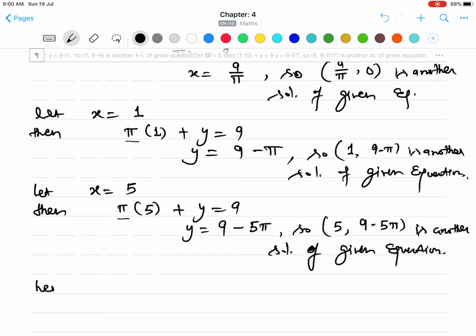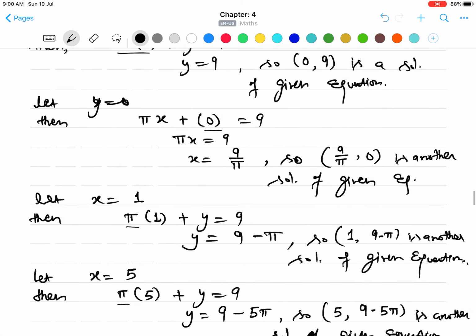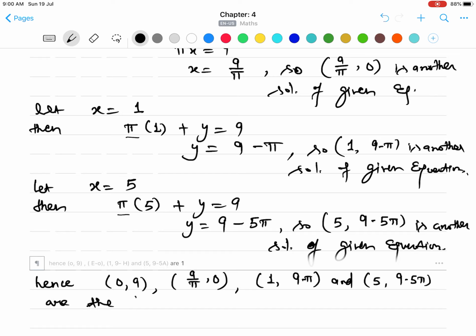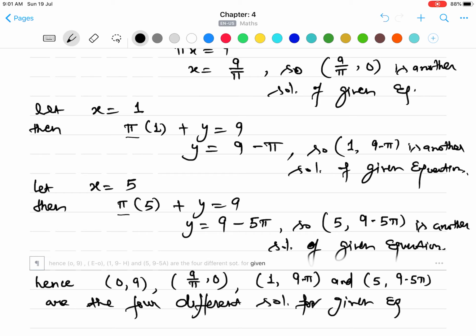So write, hence, the first one is (0, 9), then we have (9/pi, 0), and the third one is x = 1, y = 9 minus pi, and x = 5, y = 9 minus 5 pi are the four different solutions for the given equation.